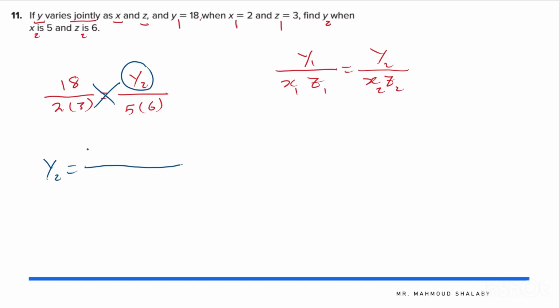These are the two connected values, which means 18 multiplied by 5 multiplied by 6, divided by the one connected to y2, which is 2 multiplied by 3. To find y2 in this case, use a calculator, put it exactly as you can see it here. So the answer will be 90.